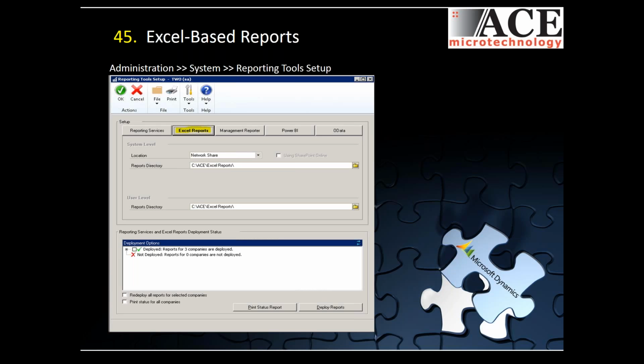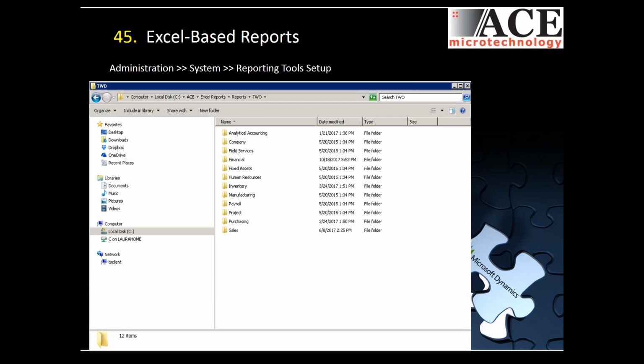There are tons of reports available to you that you're not getting to take advantage of if you do not deploy these. Excel reports are refreshable. They link directly to the database. So you make a change in GP, you refresh the Excel report, and the change is reflected immediately. Same thing with SSRS reports. They're connected directly and they're refreshable.